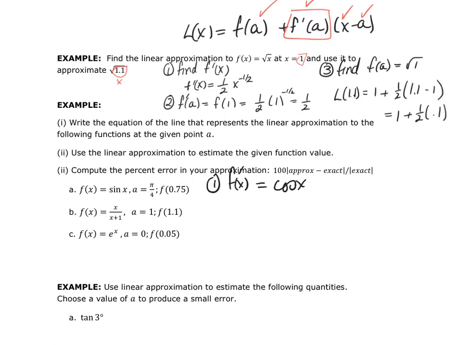So I use a value that I know. A value is always a value that I know or can evaluate quickly. So f prime of a happens to be f prime of pi over 4 for this first example. So I'm asked to evaluate the cosine of pi over 4. This is equal to the square root of 2 over 2.